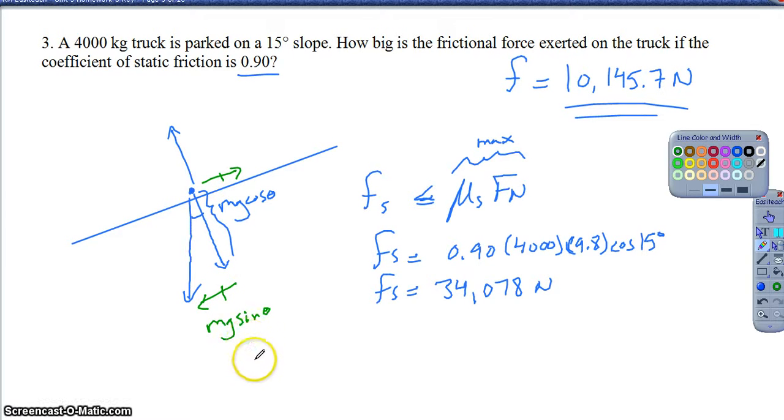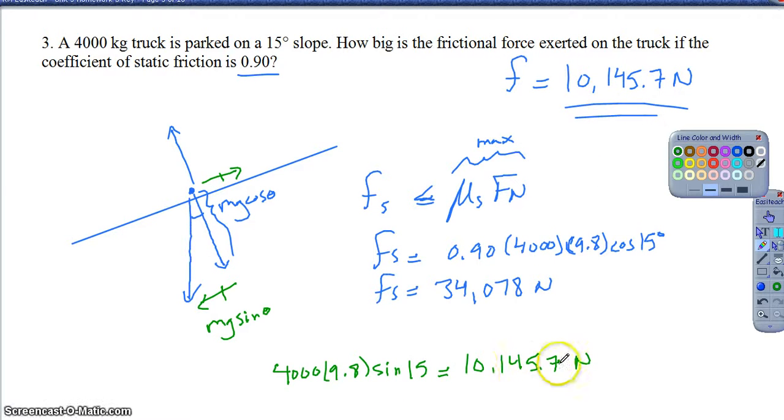So if I find my sine component of gravity, my mass of 4,000 again, times the gravity of 9.8 times sine of 15, I actually find out that this component of gravity is only 10,145, or 10,145.7, I guess, if I've not rounded it off very much.